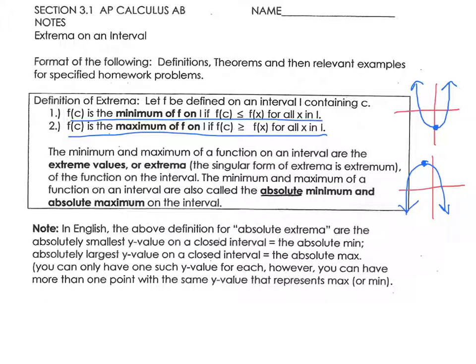One is absolute minimum and absolute maximum, which is that y value is the highest y value on that entire function over a certain interval. So if we look at a parabola, the intervals that we're looking at right now are -infinity to infinity. And we can say, okay, over that interval, this has a minimum at whatever the vertex is. And same for this right here.